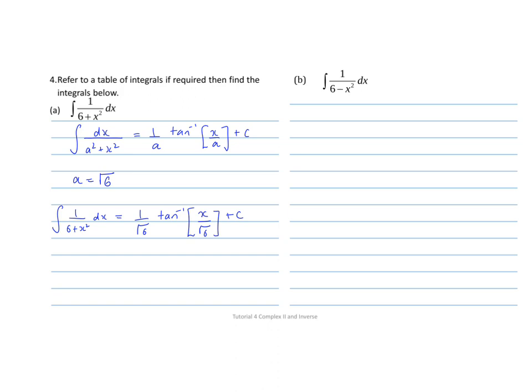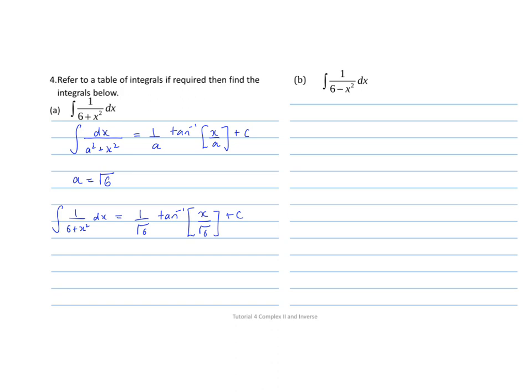Now, this one was the inverse tan. However, the integral of 1 over 6 minus x squared, that is not inverse tan.